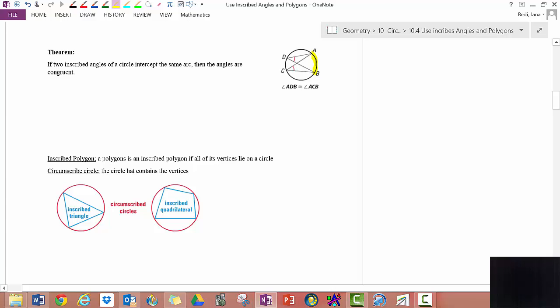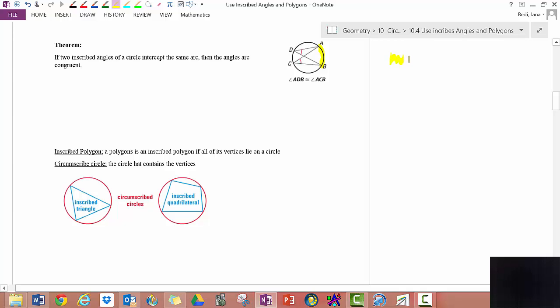Or you could think about it this way: angle ADB and angle ACB have the same endpoints AB on the circle, and these are inscribed angles. And what we are saying is, if two inscribed angles of a circle intercept the same arc, then the angles are congruent.